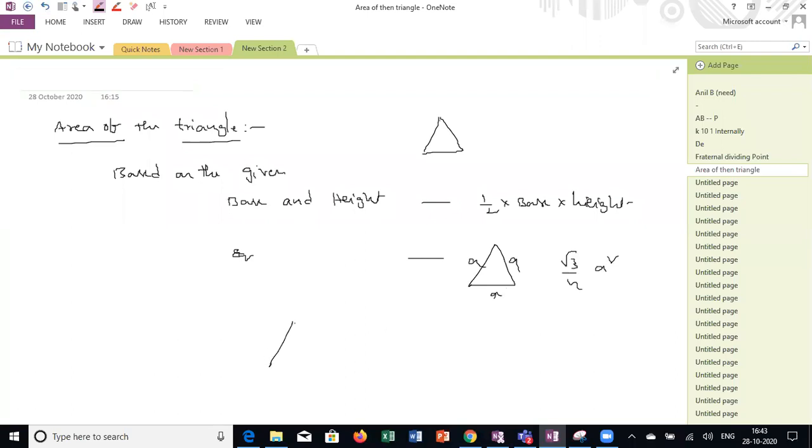Suppose it is any kind of triangle ABC, and I am not giving the base or height, just the three sides of the triangle. What is the formula? Root of s into (s minus a) into (s minus b) into (s minus c). What is this formula's name? Heron's formula.